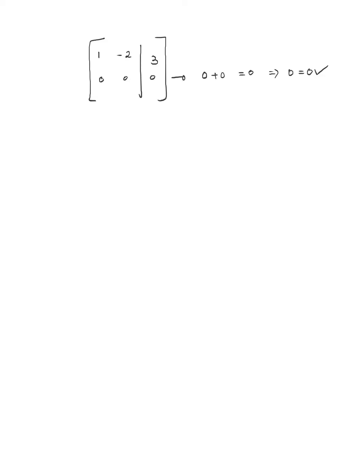So in this case, we have to write y is any real number. And then the solution is going to be, from the first one, we can say x minus 2y equal to 3. So x minus 2y equal to 3, and y is any real number.